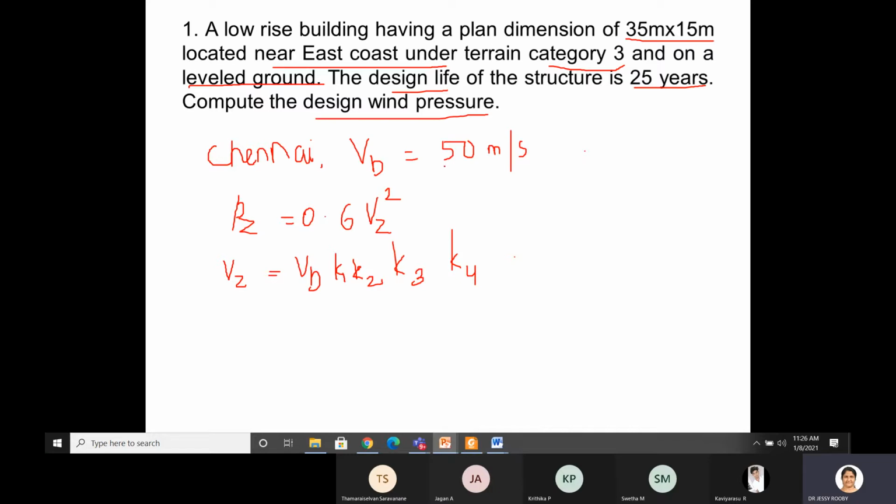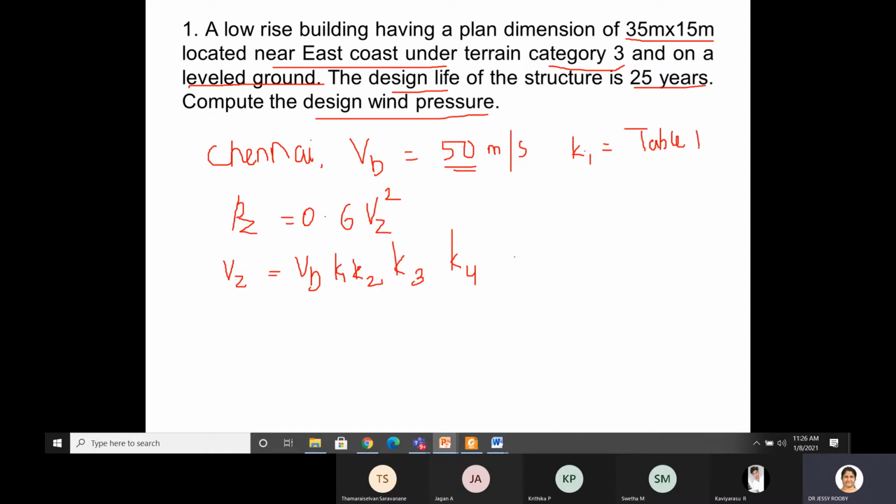Now Vb you know, 50 meters per second. Now you have to find out each parameter. What is K1? K1 is known as the risk coefficient. Which table do you have to refer to?